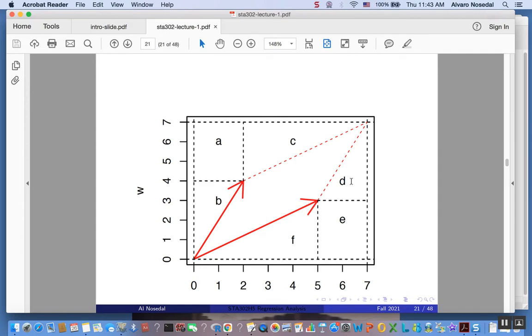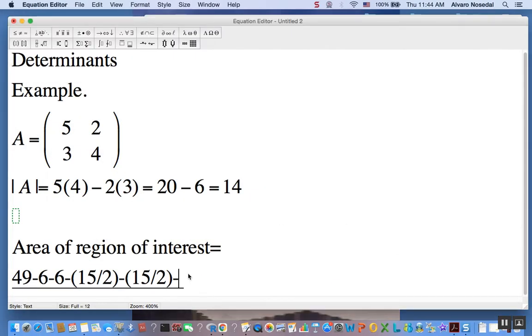That would be the area of D. But then we go to B, and guess what? Height, the same, 2. Base, the same, 4. 4 times 2 divided by 2. So we end up with a 4 in both cases, for D and B. So we have 4 minus 4.